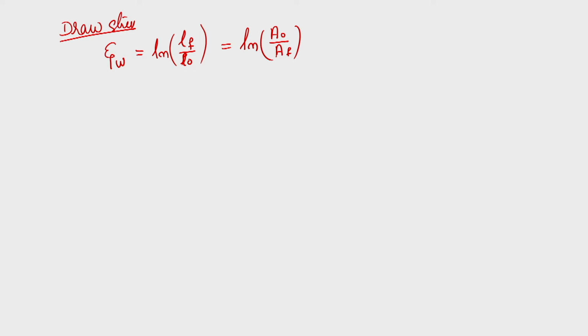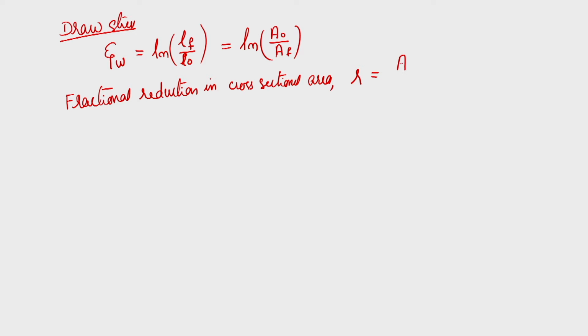And instead of strain, the term which is extensively used is the fractional reduction in area. The fractional reduction in cross sectional area R is defined as (A naught minus A f) by A naught.